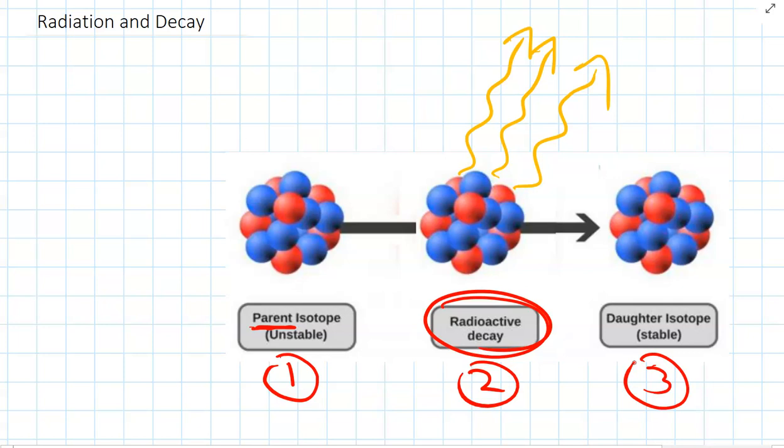So our first definition we need to know is what is radiation. Well, radiation can be a couple of different things, but overall it's a stream of energy that travels through space.